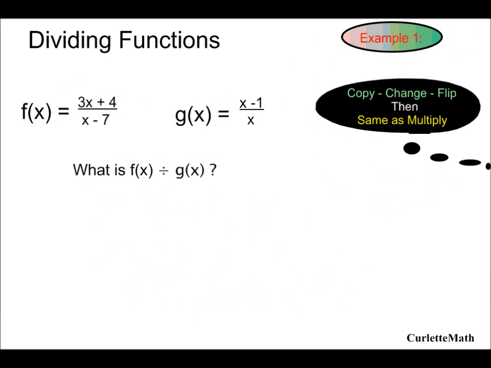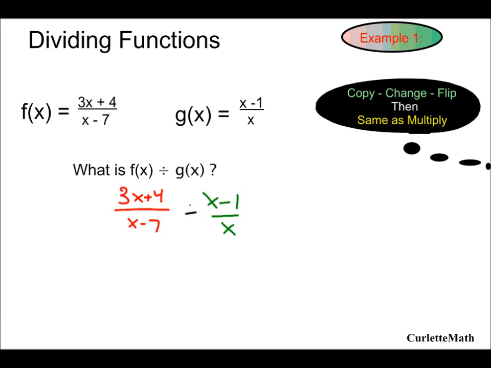Now, if we look at another problem going through our division, what happens if we have f of x and g of x both being fractions? Not a problem. Write down our f, 3x plus 4 over x minus 7. Write down our g, which is x minus 1 over x.